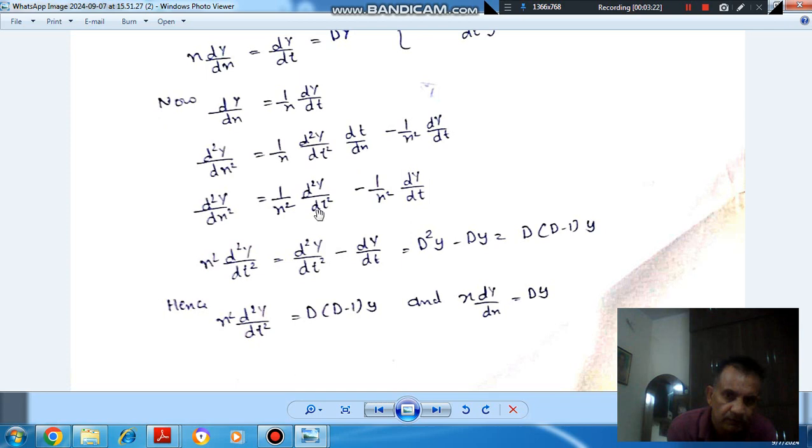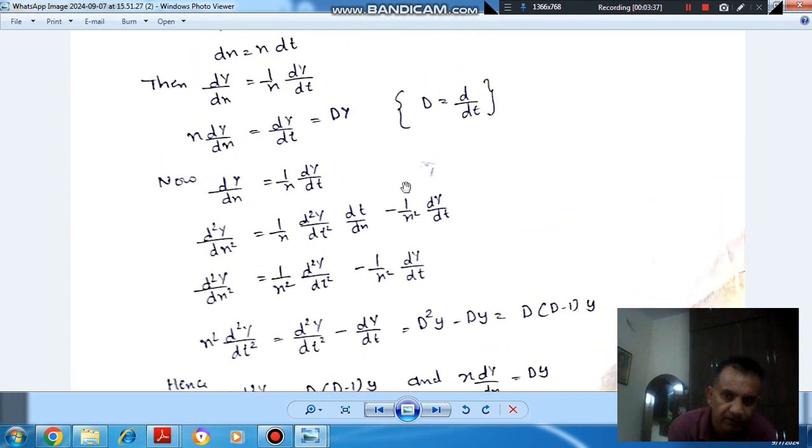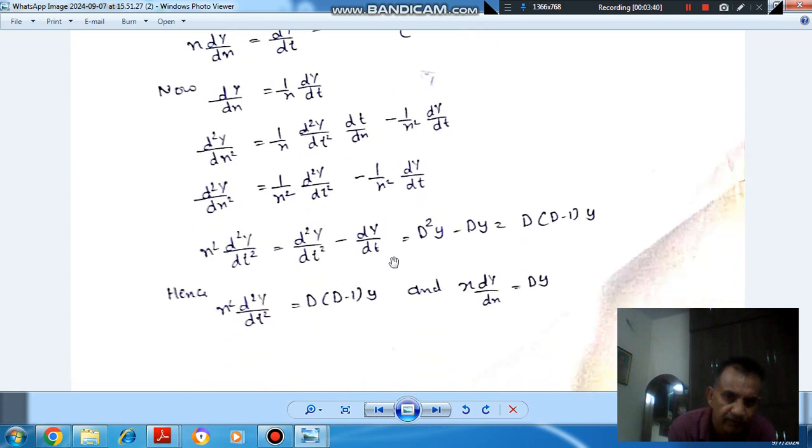Now this x square can come here, so x square d square y by dx square is d square y by dt square minus dy by dt. Since d by dt is capital D, this is D square y minus Dy, and D can be taken common, so this can be written as D bracket D minus 1 y.